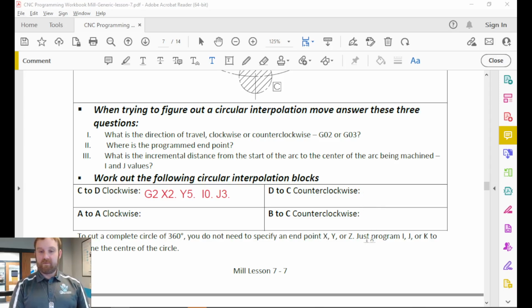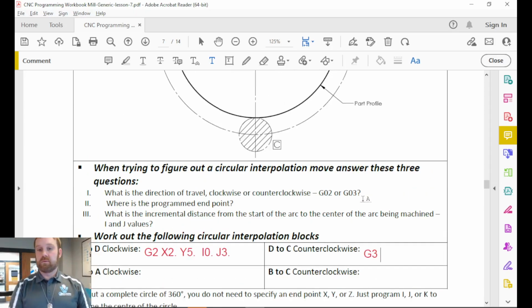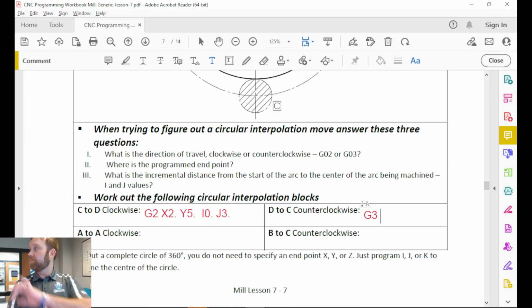For D to C. G3, X2, Y5, I plus 3. Slow down. So the C is our endpoint. So you think you got yours backwards there. The X should be X5 and Y2. There you go. All right.